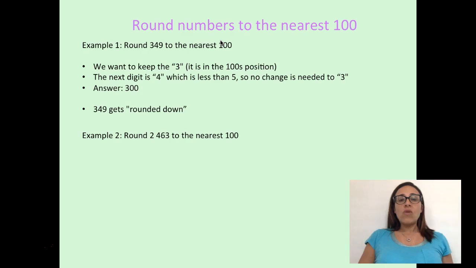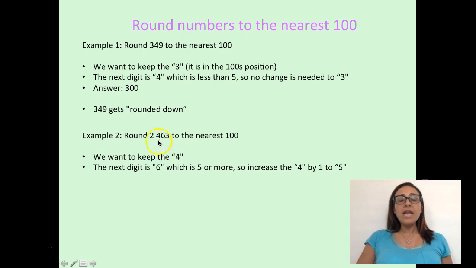Example 2. Round 2,463 to the nearest 100. We want to keep the 4 because it is in the hundreds position. The next digit is a 6, which is 5 or more, so we need to increase the 4 by 1 to make it 5. The numbers after it get replaced with a 0.